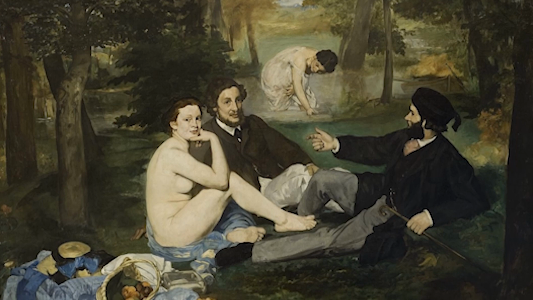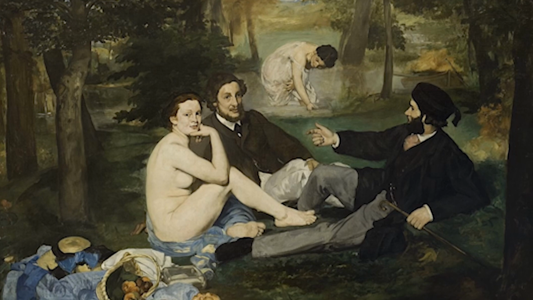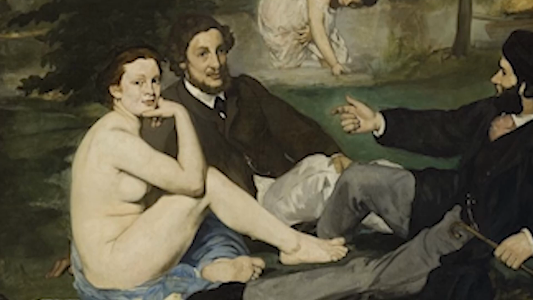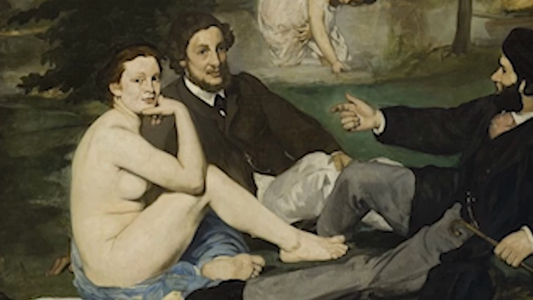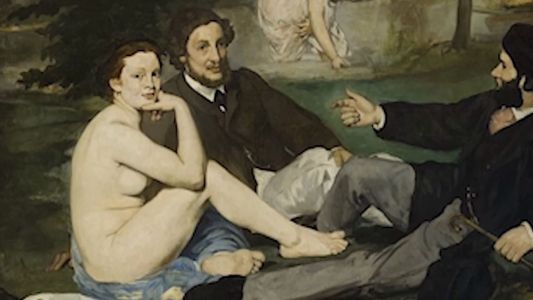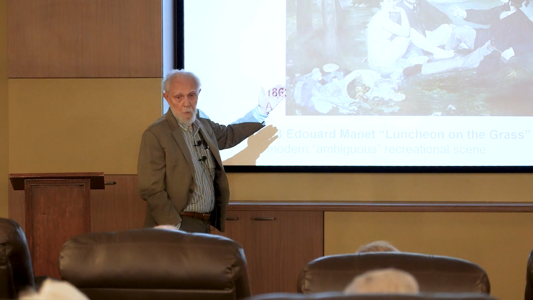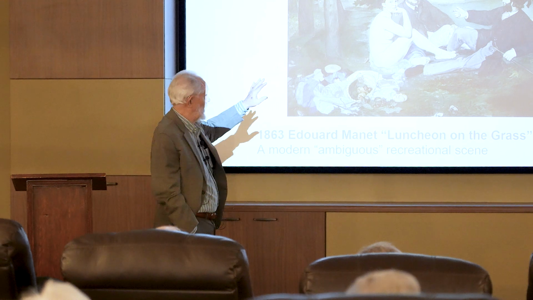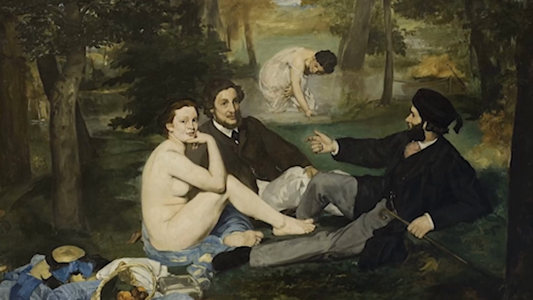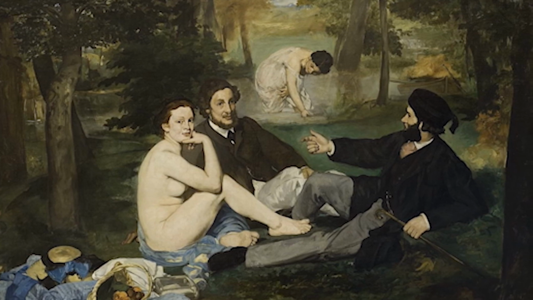You have this other woman who appears to be totally nude. Again, notice how she looks out at us. She's not embarrassed. She's not self-conscious that she doesn't have clothes on. And by the way, the people in Paris knew who these people were. These are actual real people. I think the figure next to the nude woman is Manet's brother-in-law.